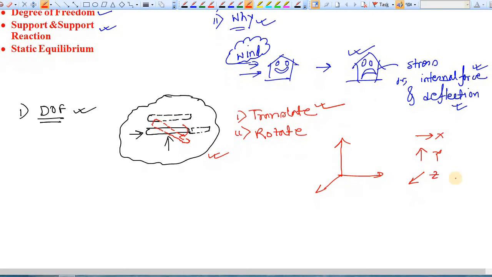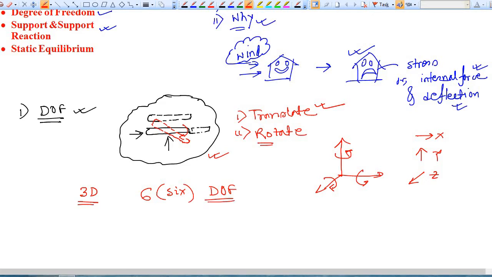And it can rotate about the x-axis, the y-axis, and the z-axis. So in 3D space, any object has a total of 6 degrees of freedom.